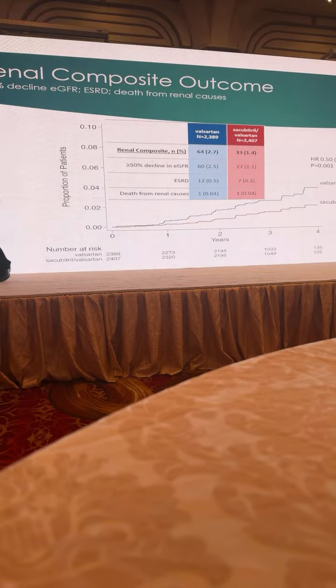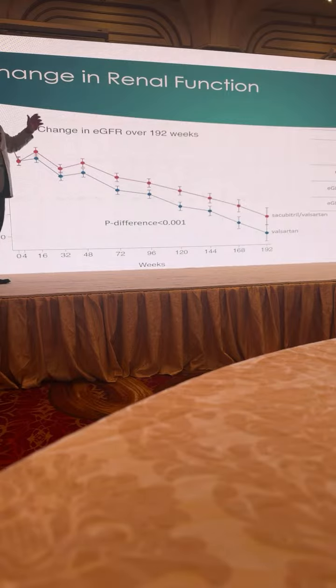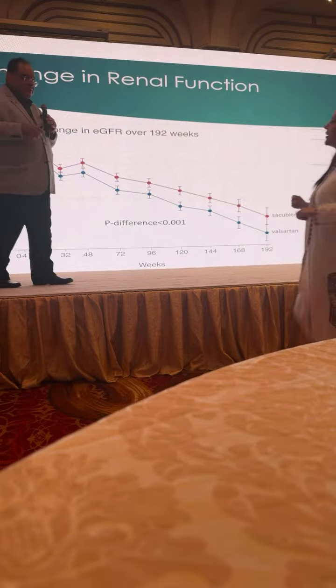Easy. Lastly, even GFR after 192 weeks, you can see the differences, and the p value is 0.001. The GFR over 192 weeks. And you can see overall, and it's a very nice issue here, less than 60, more than 60.